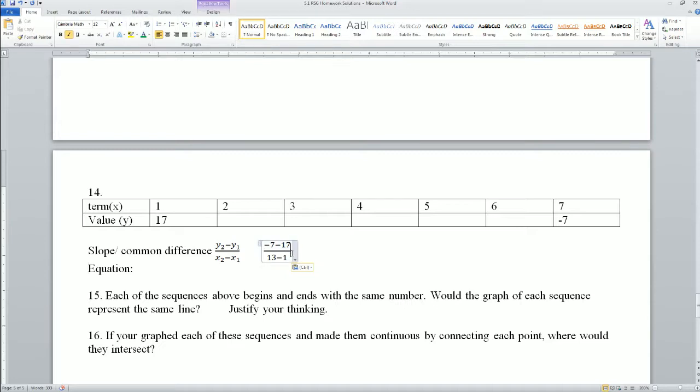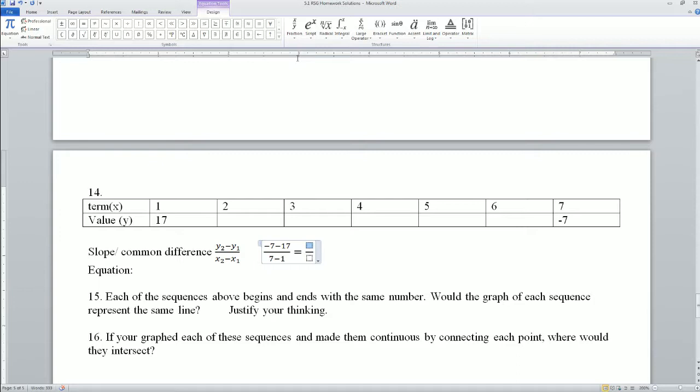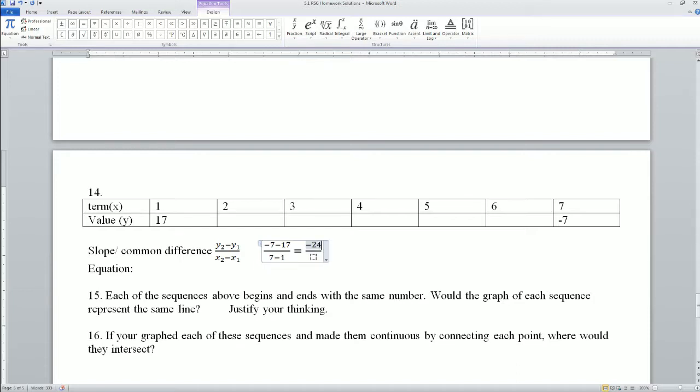So this time it is the same thing, but this time it is 7 and 1 for the y, so it's 7 and 1. Whoa, that does not become a pretty number, because negative 7 minus 17 is your negative 24, but your 7 minus 1 is your 6.